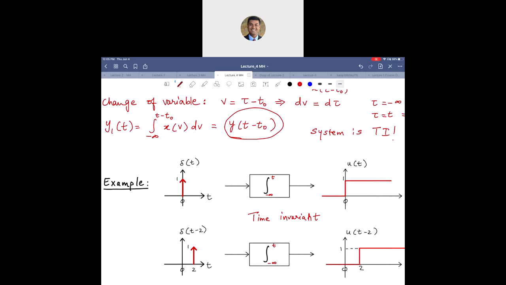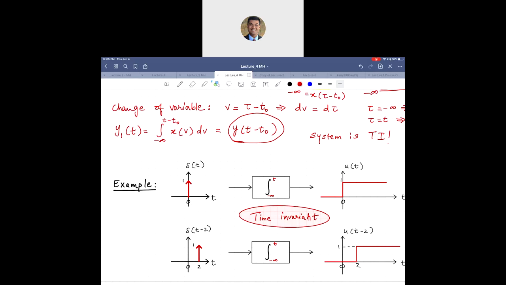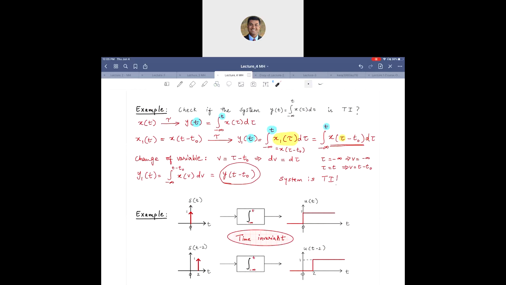So this is an example of a time invariant system too, an integration. We looked at integration numerically in detail, and we looked at one example for that. So both ways you can sort of validate that the system is time invariant.